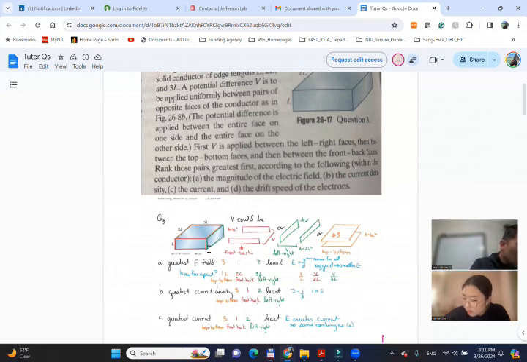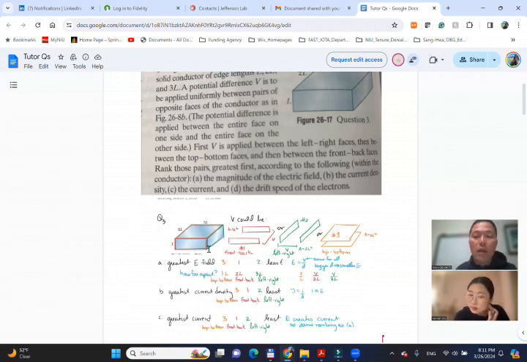Resistance is resistivity multiplied by the length divided by area. Okay, so can you use that formula to solve this equation?